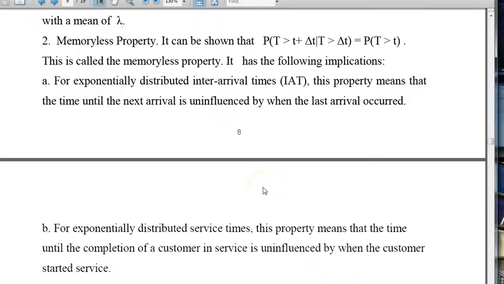So basically, regardless of how much time you have received, if your service time is exponential, the time until you're done is not influenced by how long you've been receiving service. Okay.